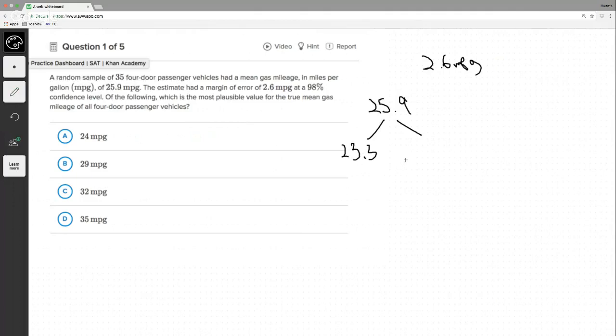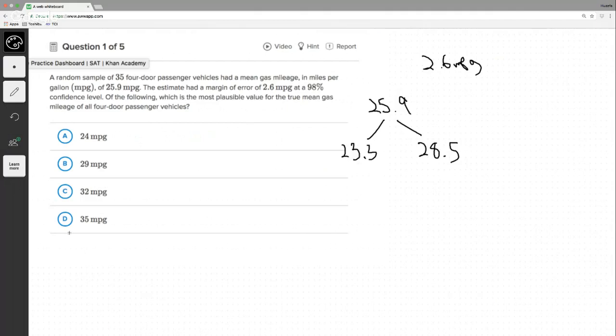It could go up to 28.5. Go up here too. 98% confidence level. Which of the following is the most plausible? So, I mean, it could go either way.